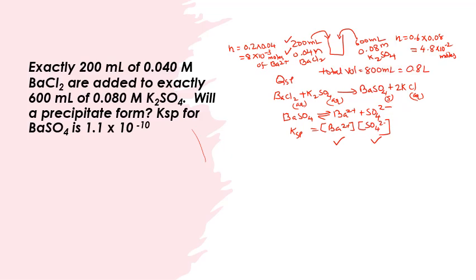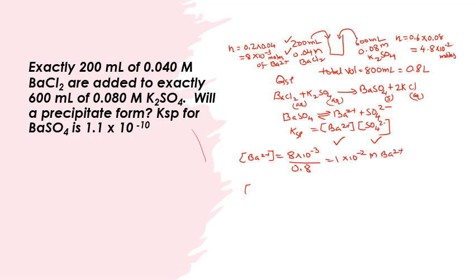So from that total volume, I can calculate the barium concentration, and the number of moles I have is 8 times 10 to the power negative 3 divided by 0.8 liters, which equals 1 times 10 to the power negative 2 molar barium ions.